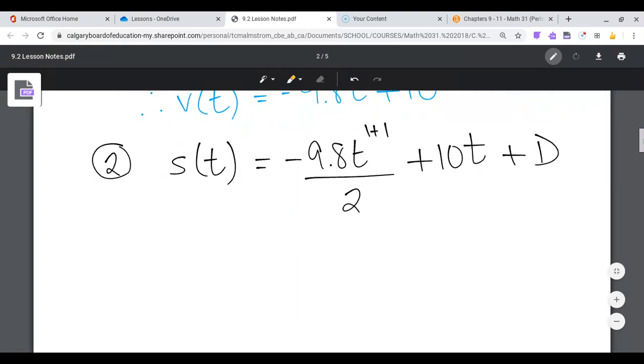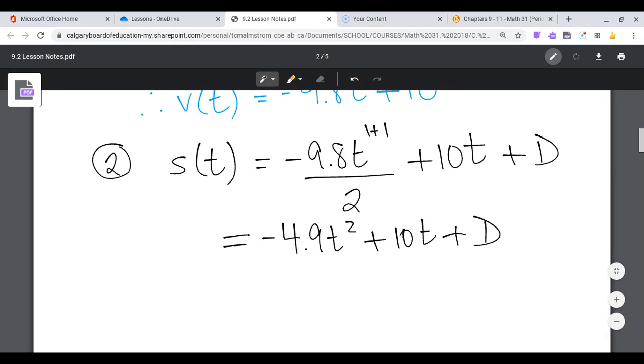When I tidy this up, I get that s is equal to negative 4.9t squared plus 10t plus d.